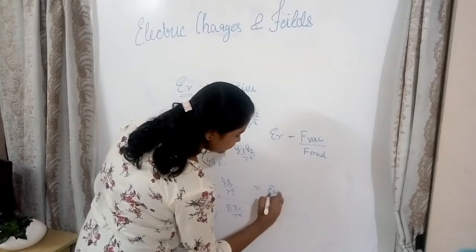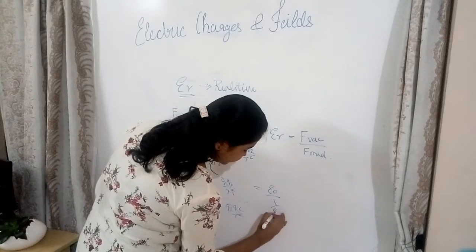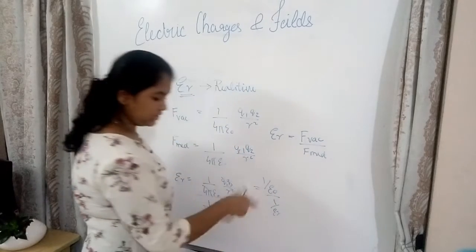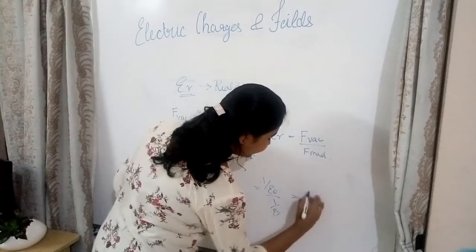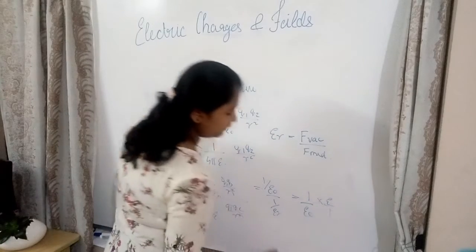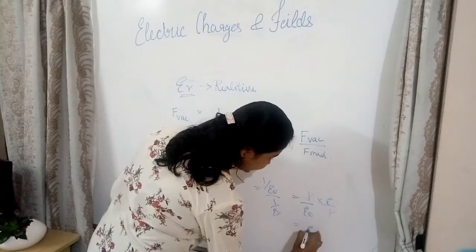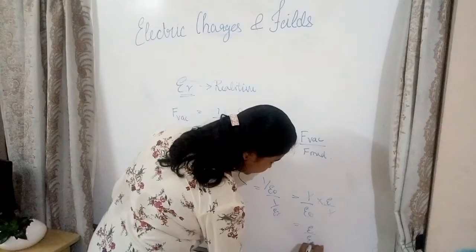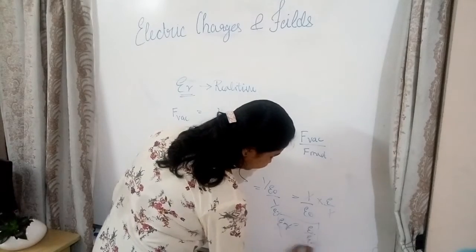There is 1 by epsilon 0 divided by 1 by epsilon. What will we do? We'll put it the other way around. 1 by epsilon 0 into epsilon divided by 1. And then it becomes epsilon R is equal to epsilon by epsilon 0. So, this is how you define this.